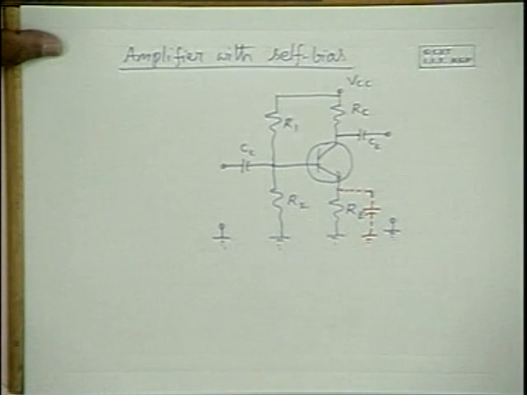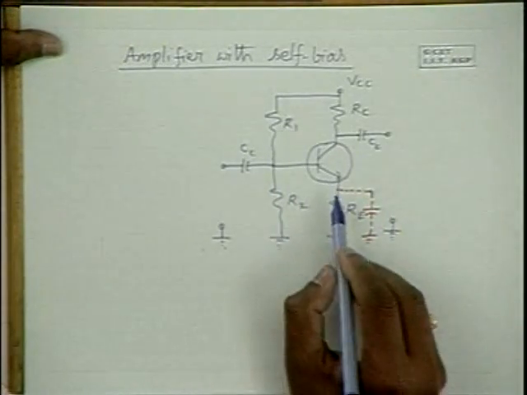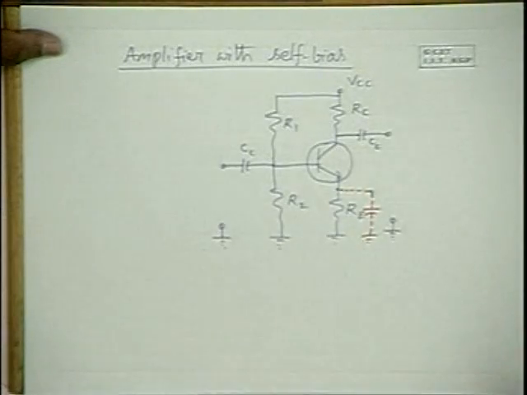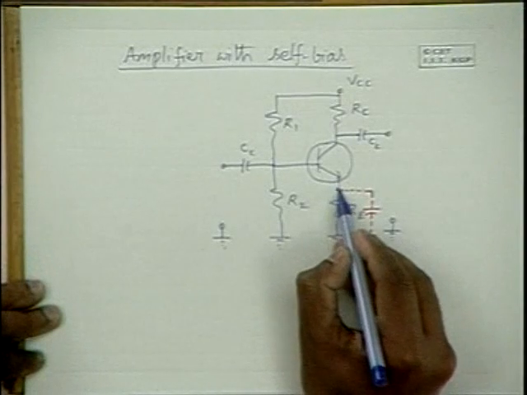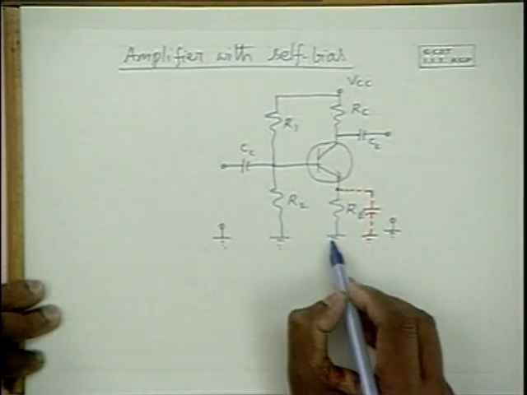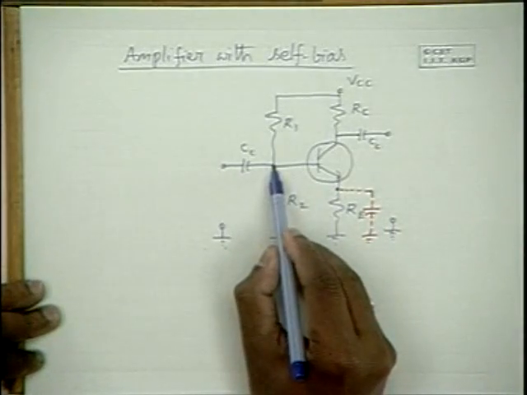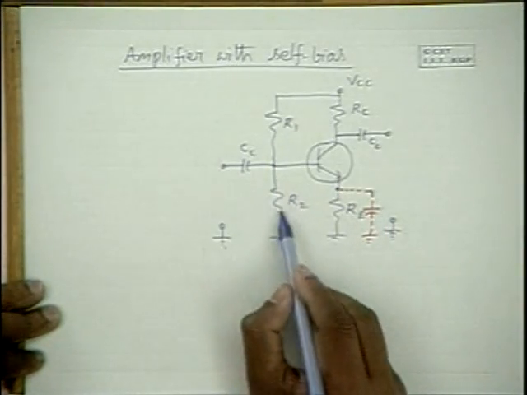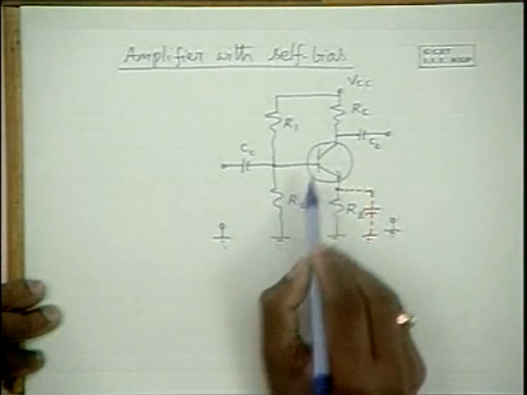Now let us get the equivalent circuit of the amplifier. Please note that the emitter is now not connected to ground. The emitter is connected through a resistance to ground, and between base and ground you have these two resistances, R1 and R2, coming into picture.